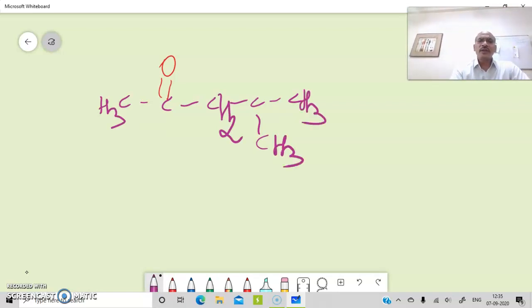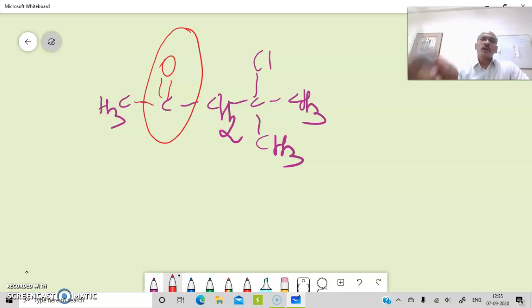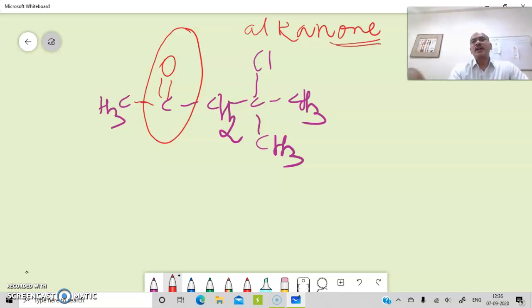Then what should it be? Suppose here I don't want to write hydrogen and I want to put chlorine there. Okay, so this is a molecule, suppose, for IUPAC nomenclature. Immediately we will identify it as a ketone since it has C double bond O. So if you remember, it must be named as alkanone.